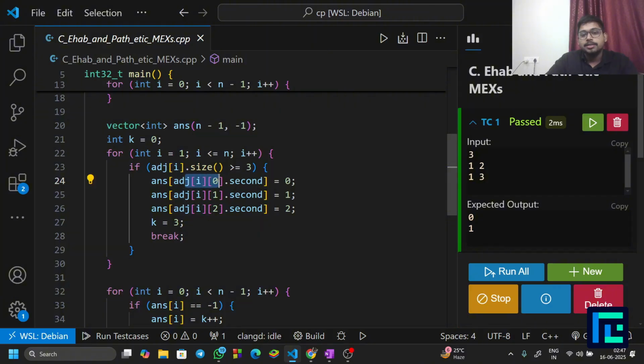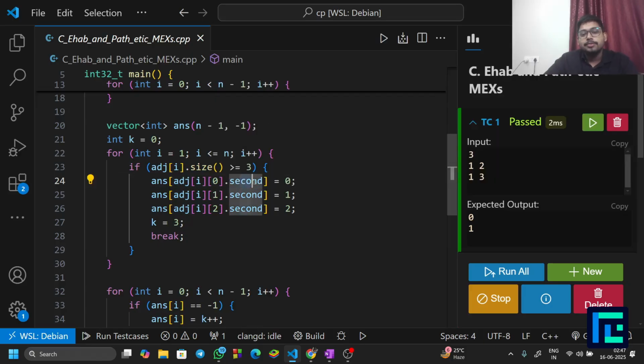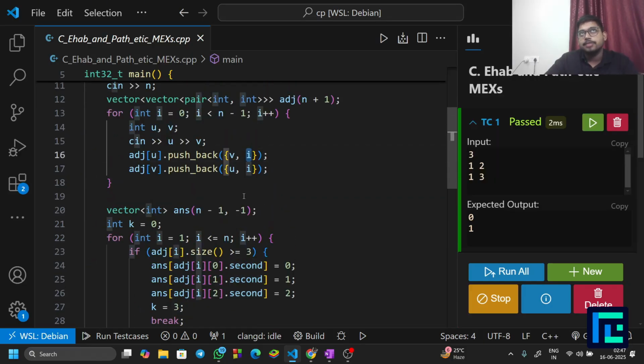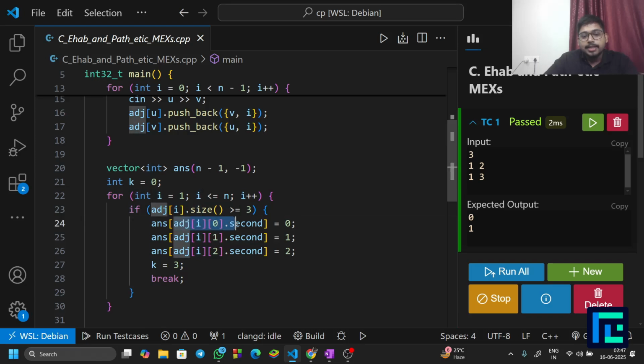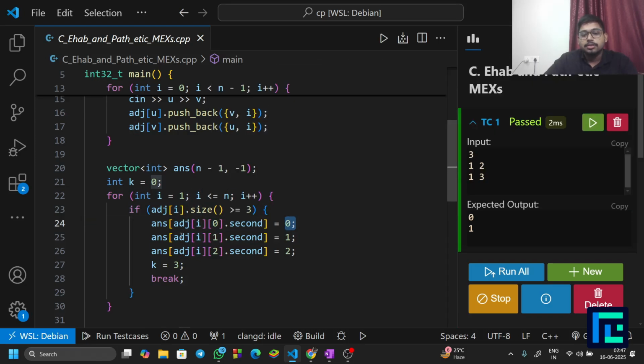So i0 is the first edge adjacent to i, and its second would have the index value. At that particular index I'll say the label is 0, and same way for i1 and i2 they would have label 1 and 2.